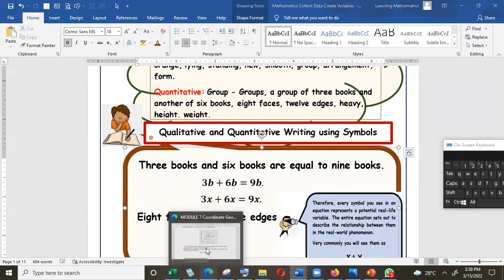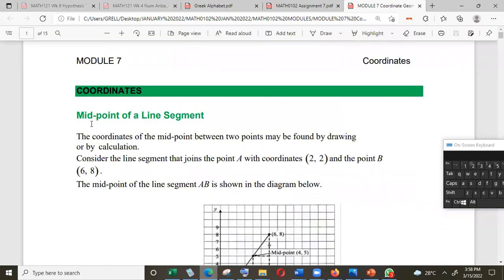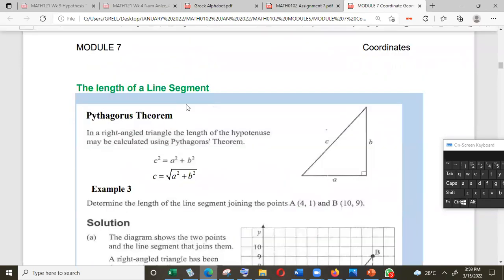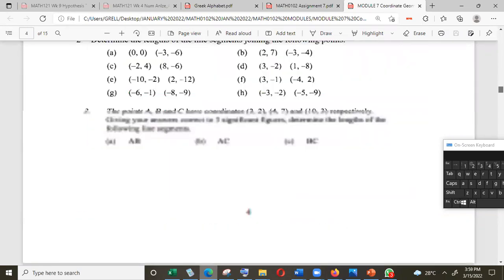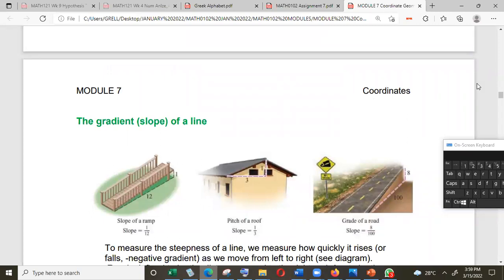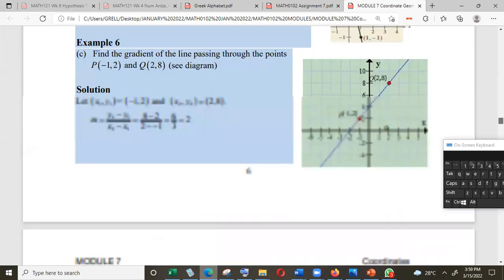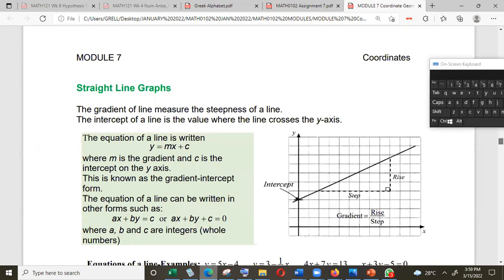Now, this topic is coordinate geometry. In coordinate geometry, we are dealing with straight lines. We are going to talk about the midpoint of a straight line, the length of a straight line, and, as module 7, the gradient of a straight line, and the equation of a straight line graphs.